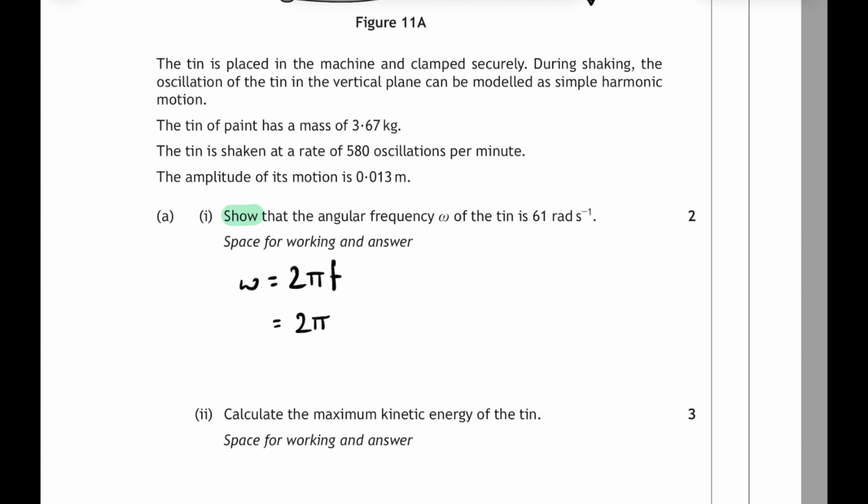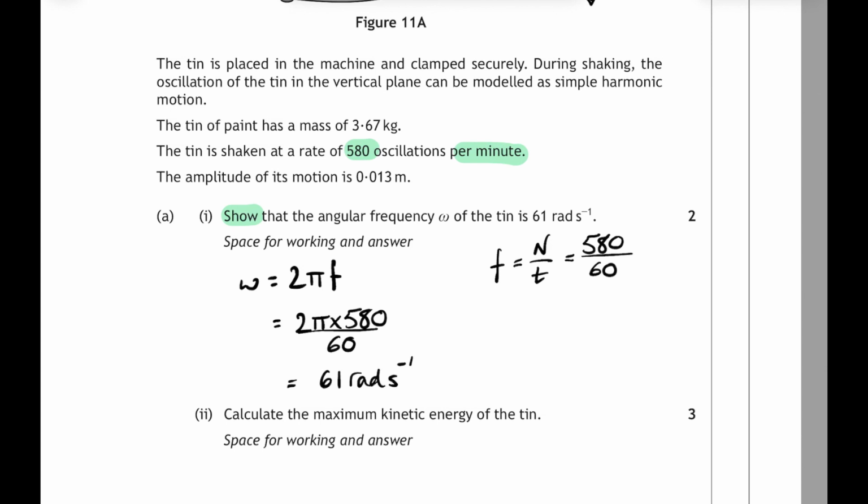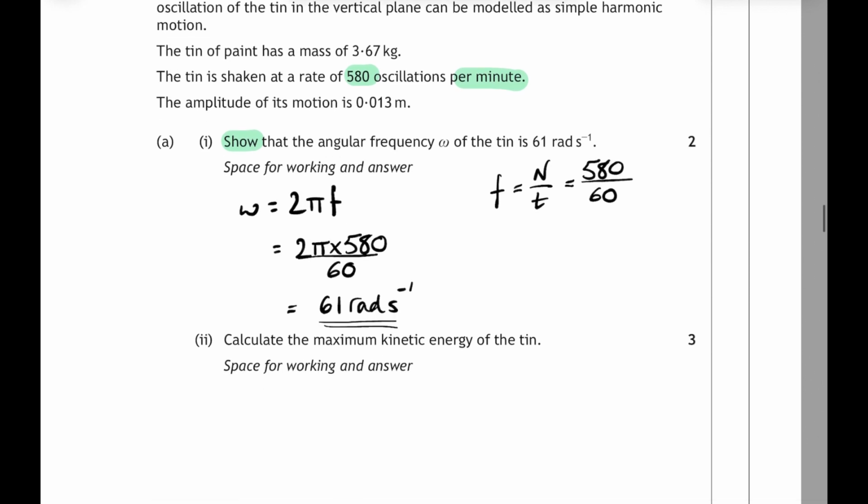But in this case, we don't know what the frequency is in hertz, but we do know there's 580 oscillations per minute. So cast your mind back to National 5. Frequency is the number of oscillations divided by the time. So we can substitute that in for the frequency, 580 divided by 60. And when you do all that on your calculator, you'll get an answer of 61 radians per second. And that's what we had to show.